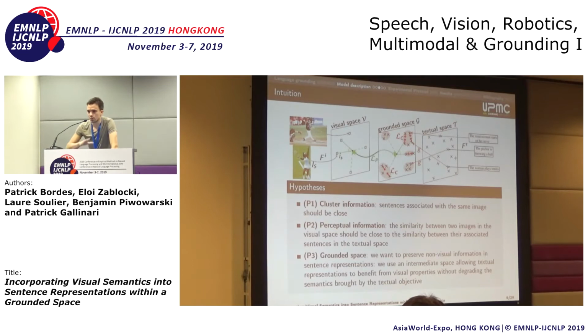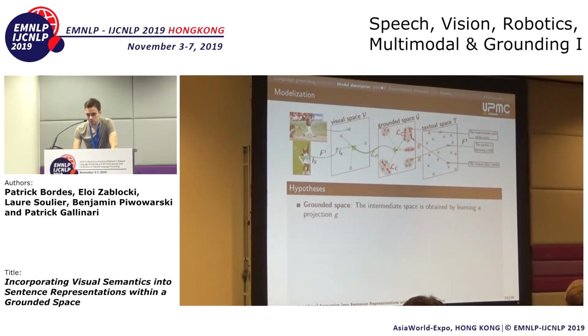Finally, as we want to preserve the non-visual information in sentences, we don't apply the perceptual and cluster constraints in the textual space, but rather in an intermediate space. This way, textual semantics can benefit from the visual losses without degrading the semantics brought by the textual objective. How to model this?